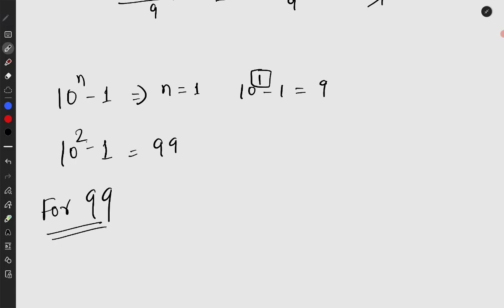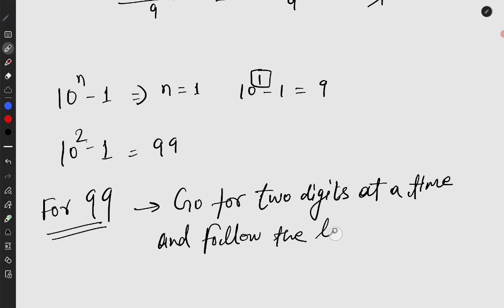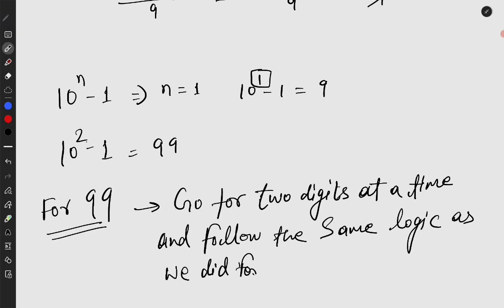For 99, go for 2 digits at a time and follow the same logic as we did for 9.